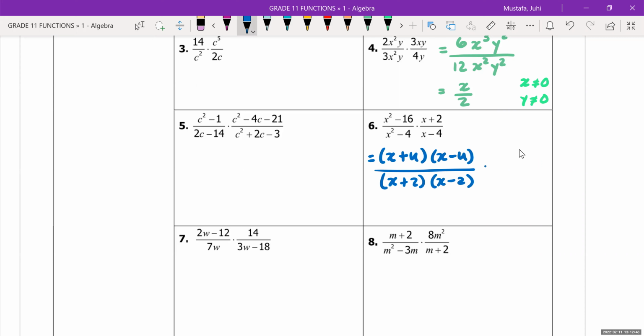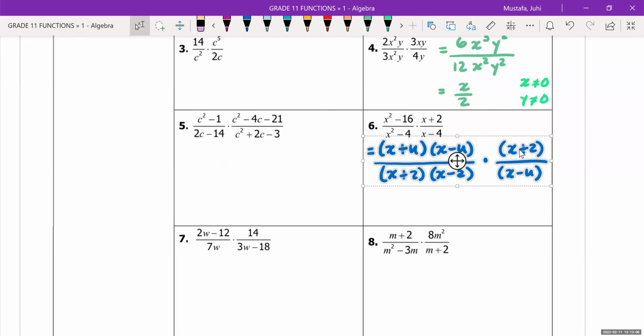And on the other side, I can't really do anything to those, so I'm just going to write it down as is. So I guess the rule is whenever you have binomials, you're going to factor.